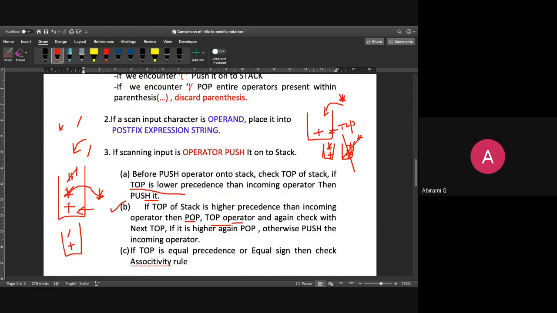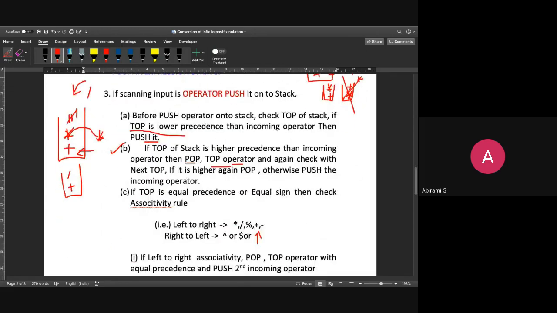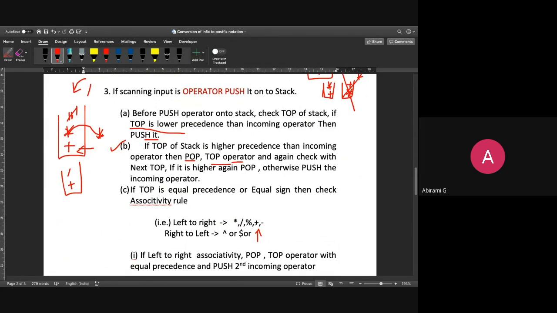But if two operators are equal, then we pop out the first operator, the top operator, then place the new, incoming operator. So the third one: if top is equal precedence, then check the associativity rule. For star, slash, modulo, plus, minus, it is left to right. Then for the exponent operator, we need to check right to left.